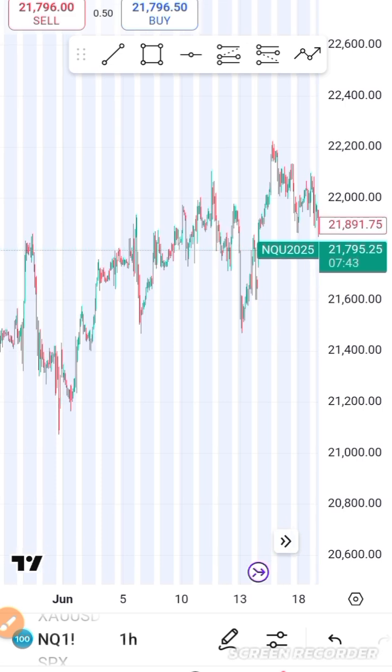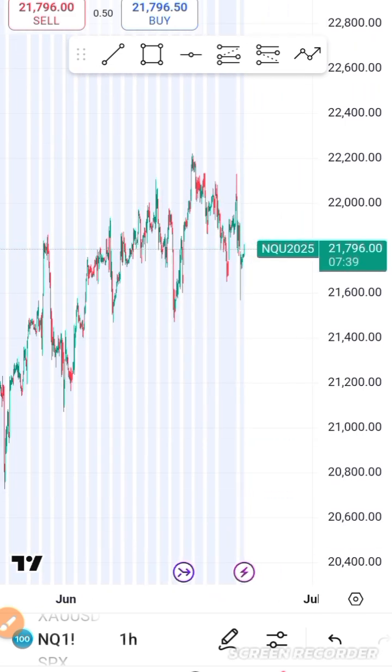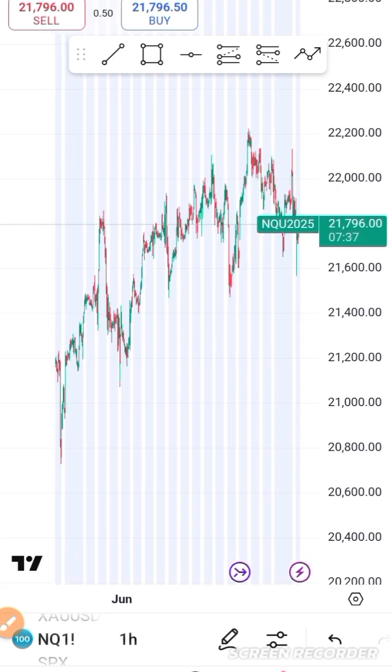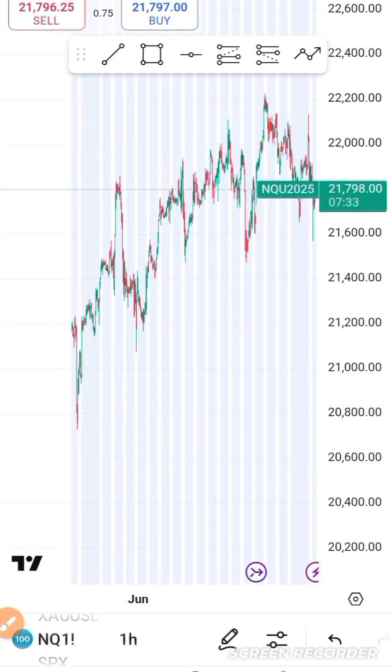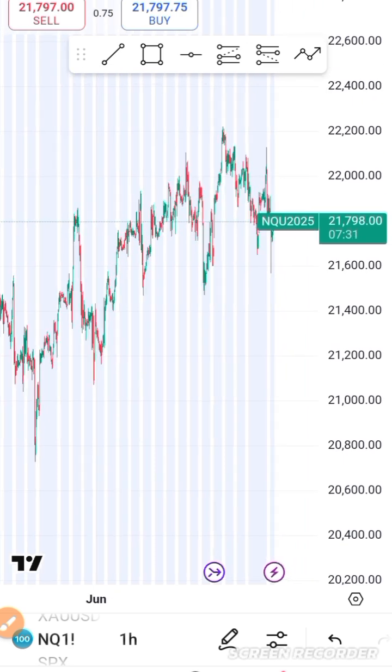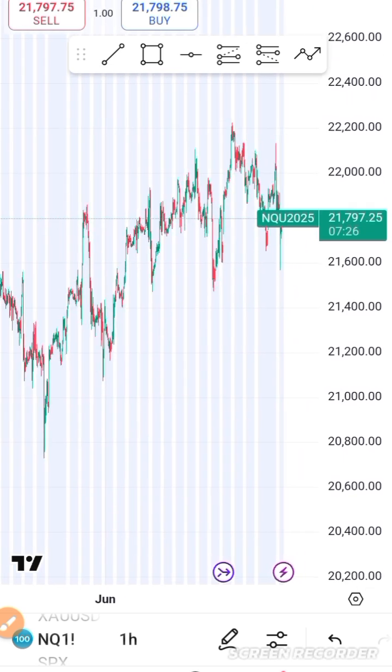When you are in an uptrend, you need to focus more on support and resistance, and also on your trend lines, the lines you put on your uptrend to confirm whether the market is going up or not.